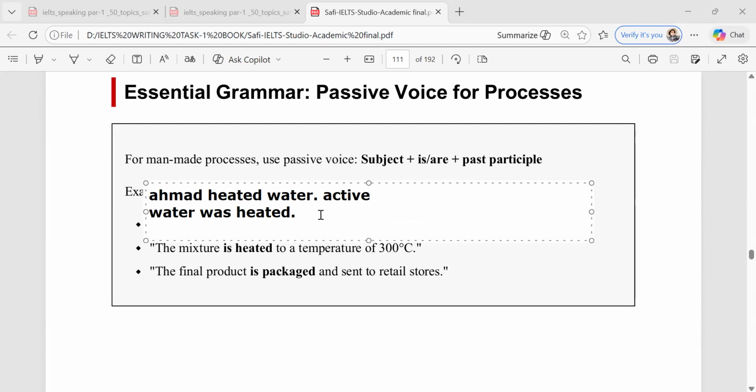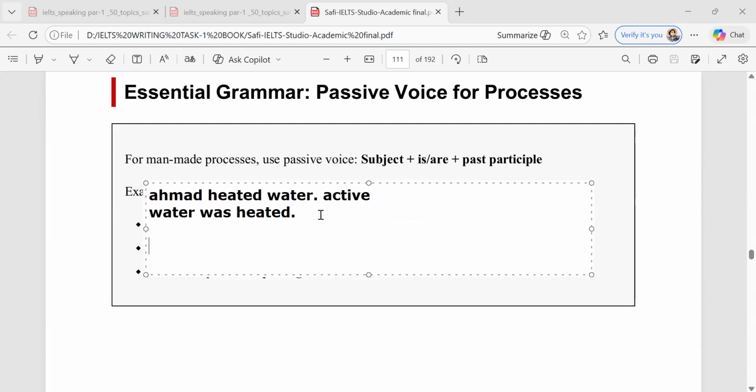What's the structure for passive? I just want to teach you a little bit. First of all, the passive is: subject, for example, raw materials, which is plural. After this, if it's present, I need to focus on the auxiliary.